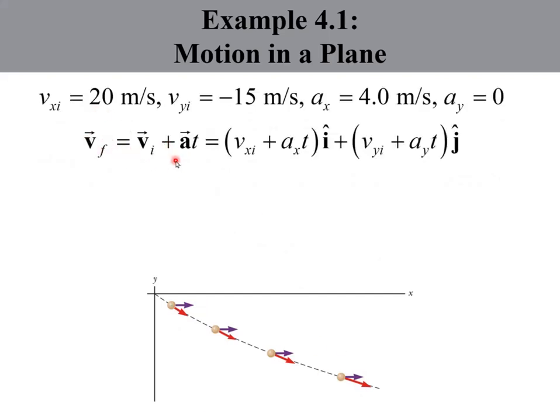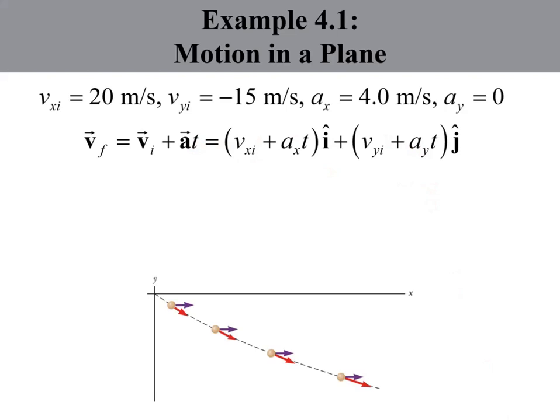We must put it in terms of unit vectors, so it becomes this equation in i and the same equation in j, where j is all the y and i is all the x. Putting this information into the equation, 20 meters per second is vxi, negative 15 is vyi, 4 is ax, and 0 is ay.